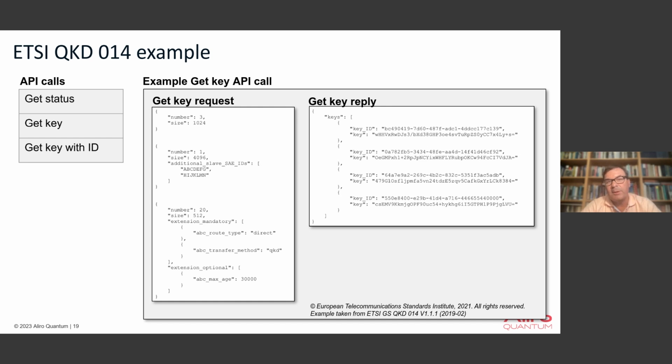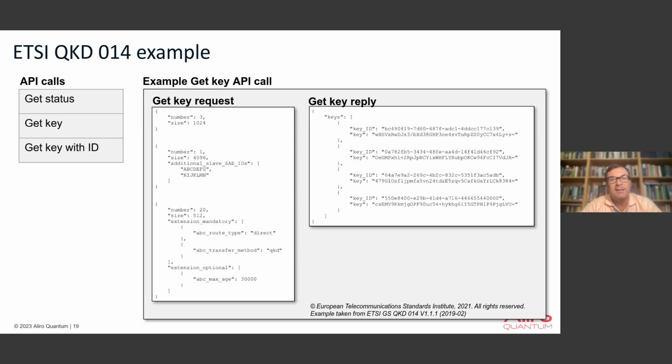Here's a concrete example of what an ETSI 14 protocol message looks like in real life. On the left, we have several examples of the get key message, which is the message that the classical encryptor uses to request an encryption key from the quantum network. In its simplest form, the encryptor simply specifies the number of requested keys and the size of each requested key.